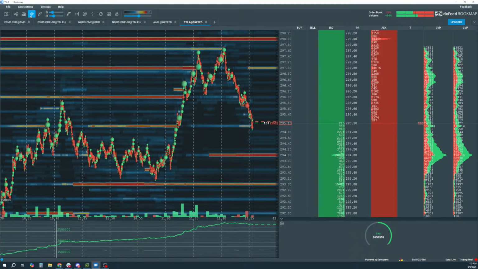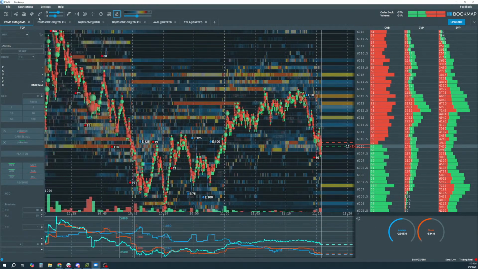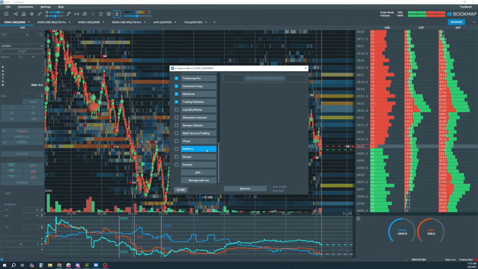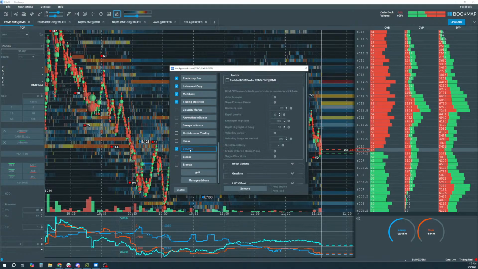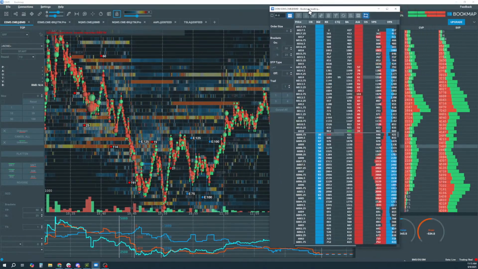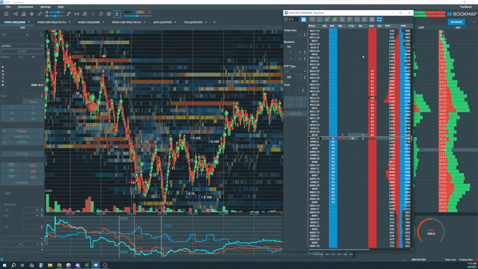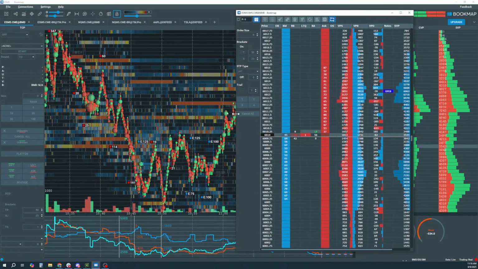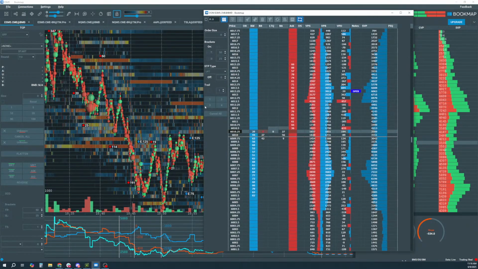Okay. Now we also have another DOM product here. Let me show you. Go to the S&P over here, and this is a fully functioning, separate DOM. This is more of a traditional DOM that you guys are aware of, which is also fully featured here.